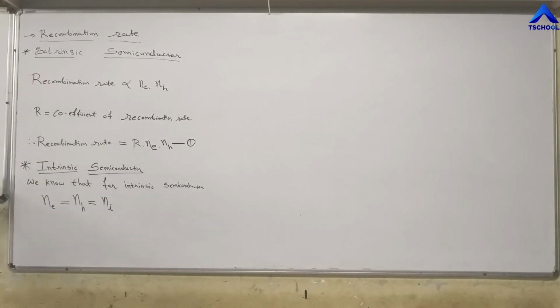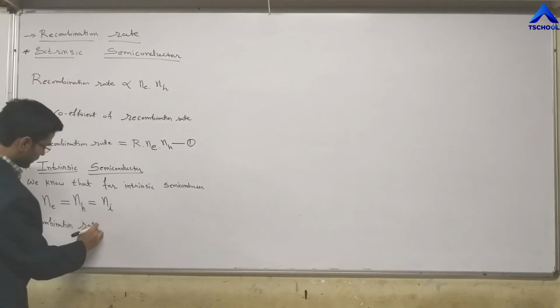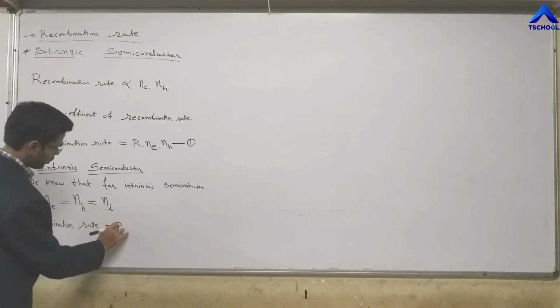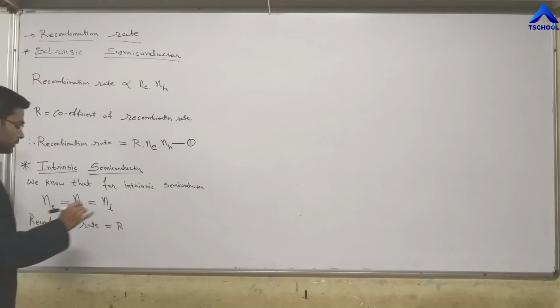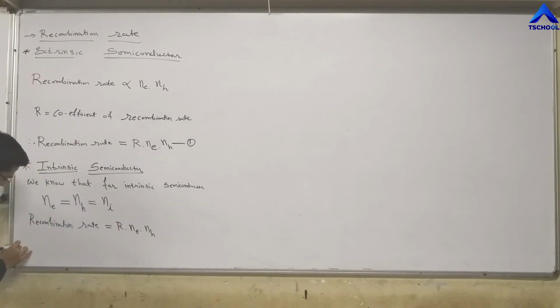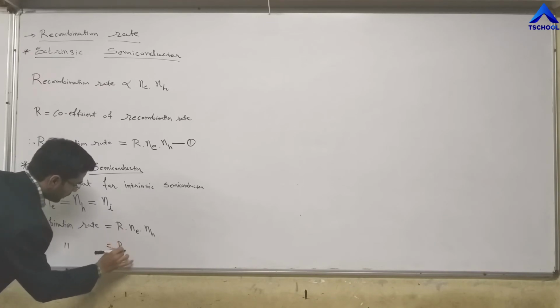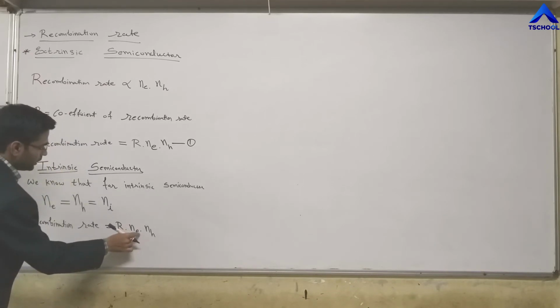Now the recombination rate for an intrinsic semiconductor is equal to the coefficient R into Ne into Nh.